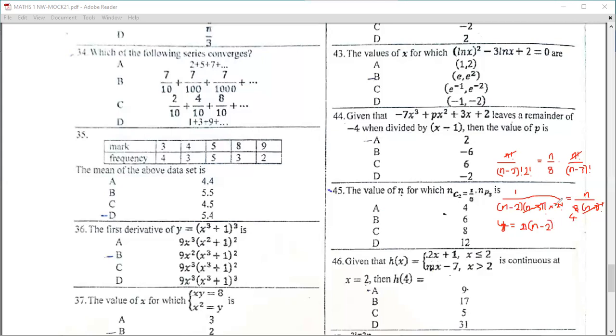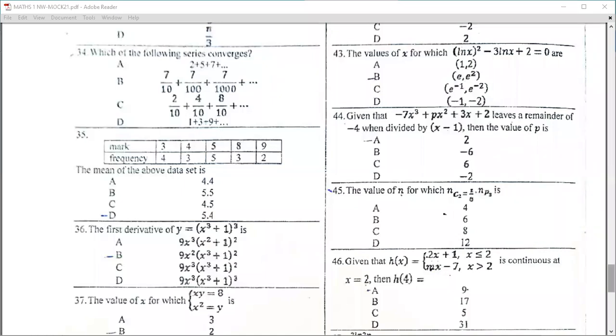This will give us a quadratic, which will be 4 is equal to n squared minus 2n, so n squared minus 2n minus 4. But this quadratic will not make sense because it has some sort of solution, but this is how you approach the problem. I just want to make mention of this.